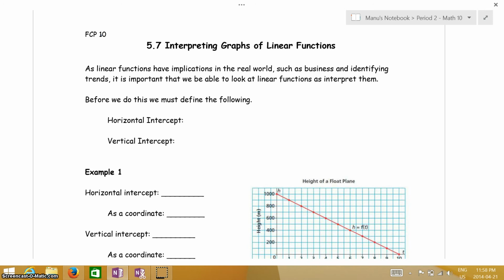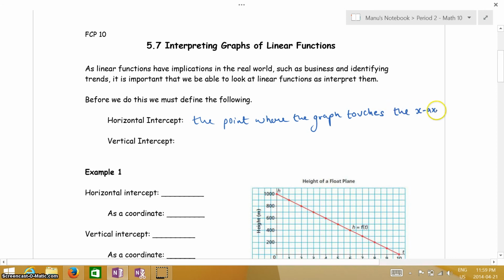So horizontal intercept is going to be the point where the graph touches the x-axis, right?